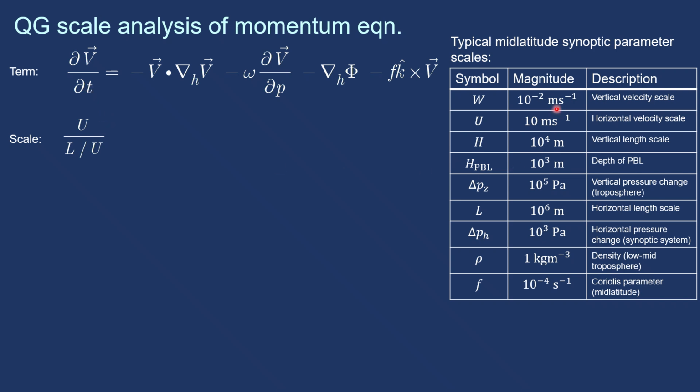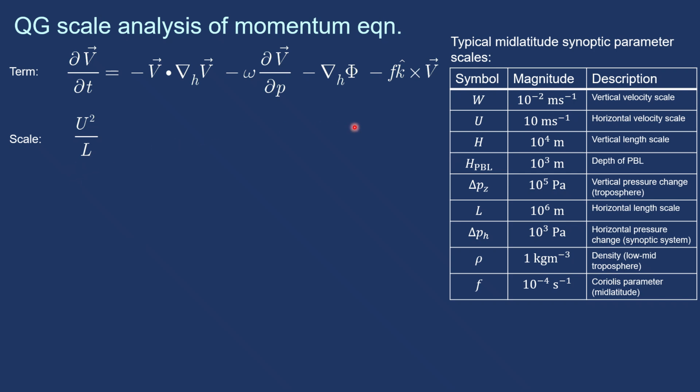We don't have time explicitly here, but we can back it out by taking the length scale, in meters, divided by the horizontal velocity scale in meters per second. That gives us seconds. So we have L over U in the denominator. And then U divided by L over U simplifies to U squared divided by L.